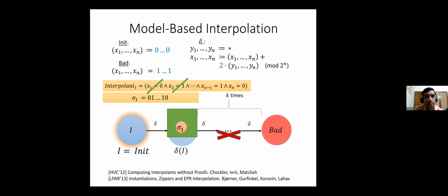Okay, so how did you generalize this one? So when I drop the first literal, now instead of describing just this state, I have two states in mind. The one where the most significant bit is 1, and the other that is exactly sigma 1. But both of them cannot reach a bad state in any number of steps.